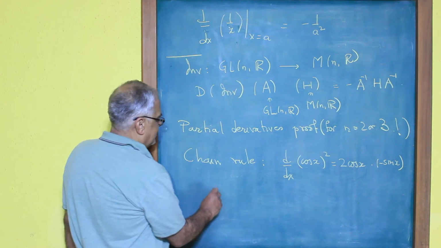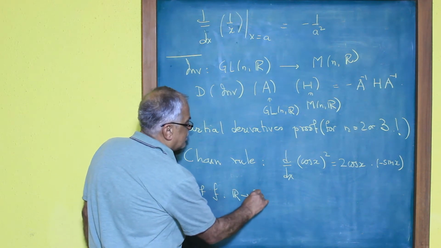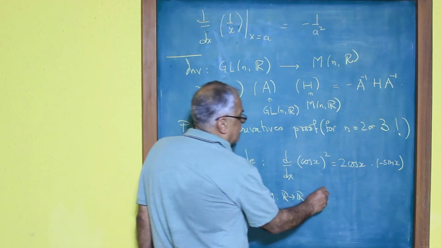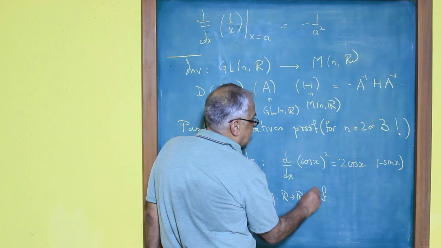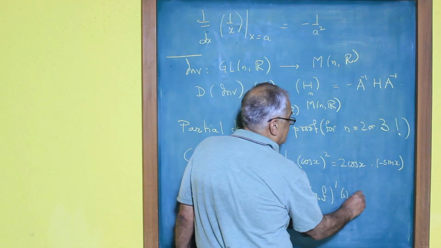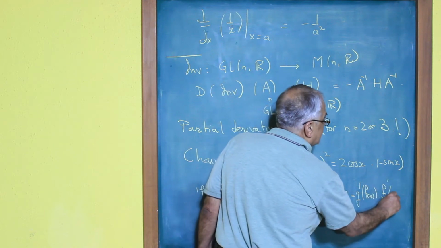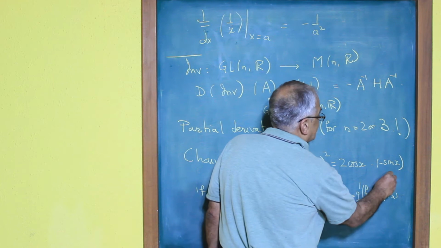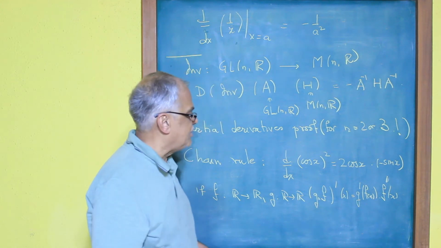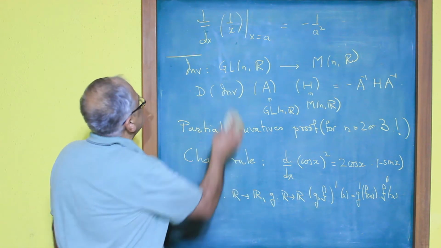And what this says is that if f is from R to R and g is from R to R, then g composed with f prime at x is equal to g prime at f of x multiplied by f prime at x. So this is something that we have seen earlier. And the statement we want for the chain rule is exactly this statement in several dimensions. So what is that statement?